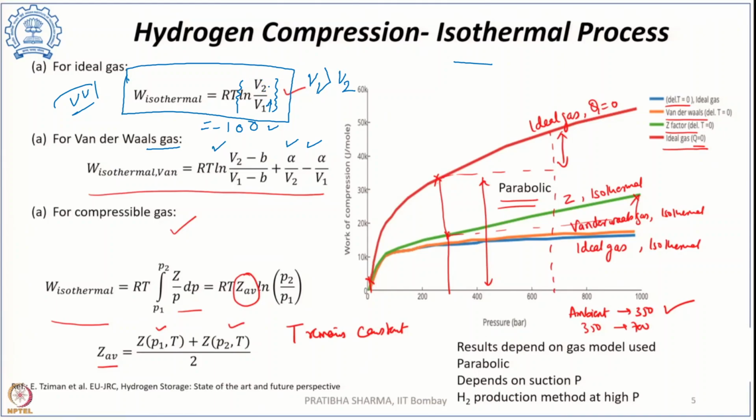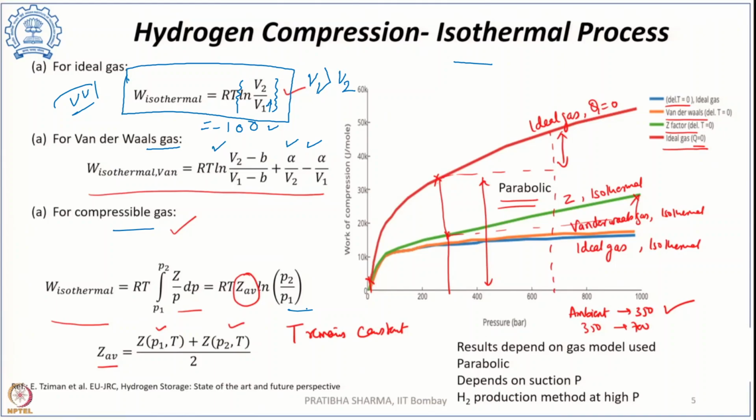Okay, the denominator is higher and the numerator is lesser, which means the ln value will come as a minus term. Similarly for the van der Waals gas equation and the compressibility factor, you have to use this formula.